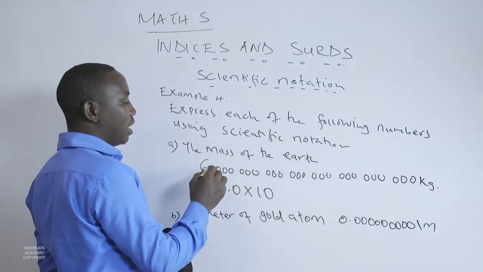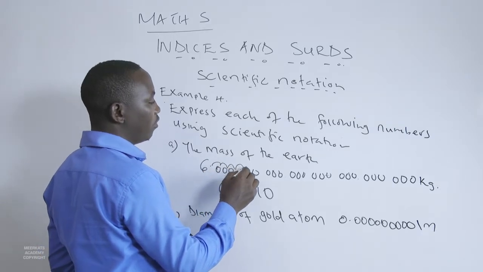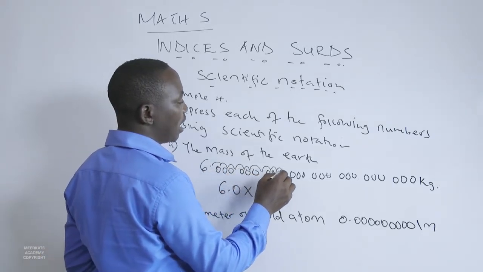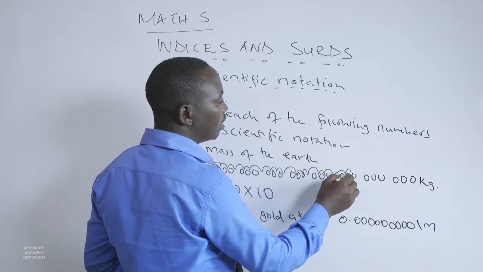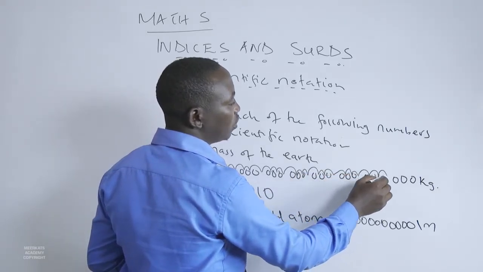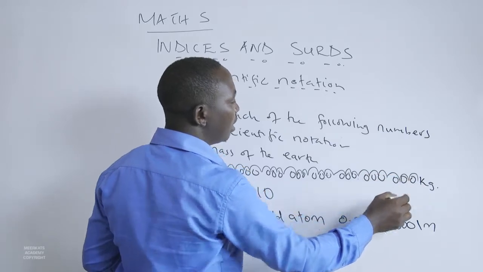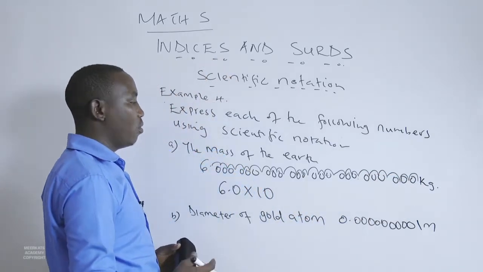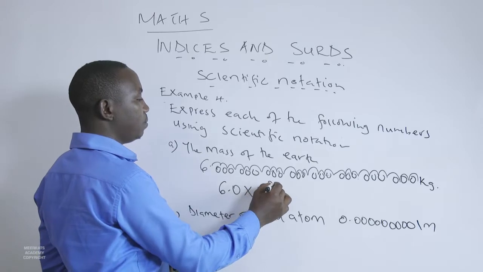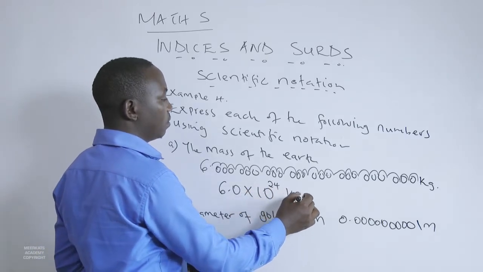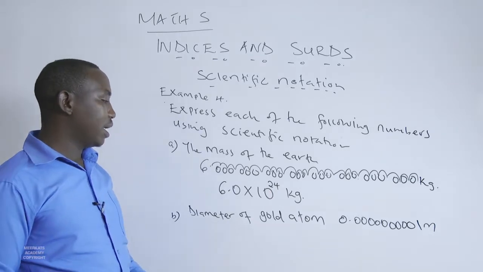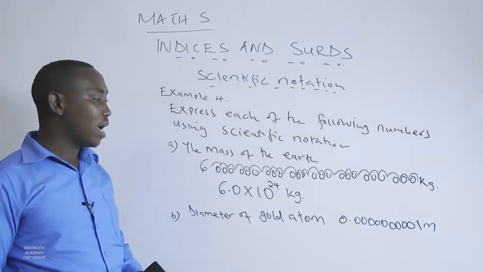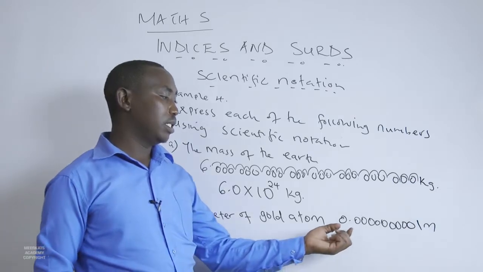And this shall be how many? 1, 2, 3, 4, 5, 6, 7, 8, 9, 10, 11, 12, 13, 14, 15, 16, 17, 18, 19, 20, 21, 22, 23, 24. 24 kg.